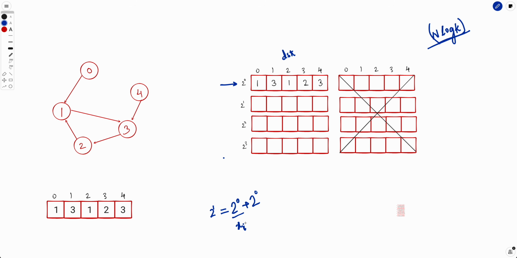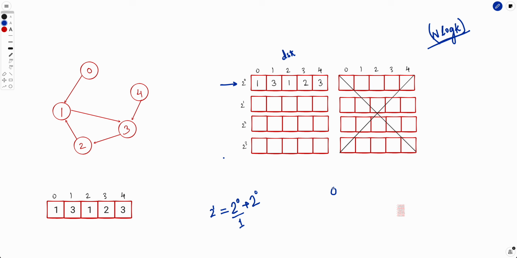And we also know whom the ball will be with if we start with this xi, right? In other words, in this particular example, we know the ball will be with 1 if we start with 0. So after 2 power 0 throws, ball will be with 1. And we also know whom the ball will be with if 1 throws one time. So if 1 throws one time, ball will be with 3.